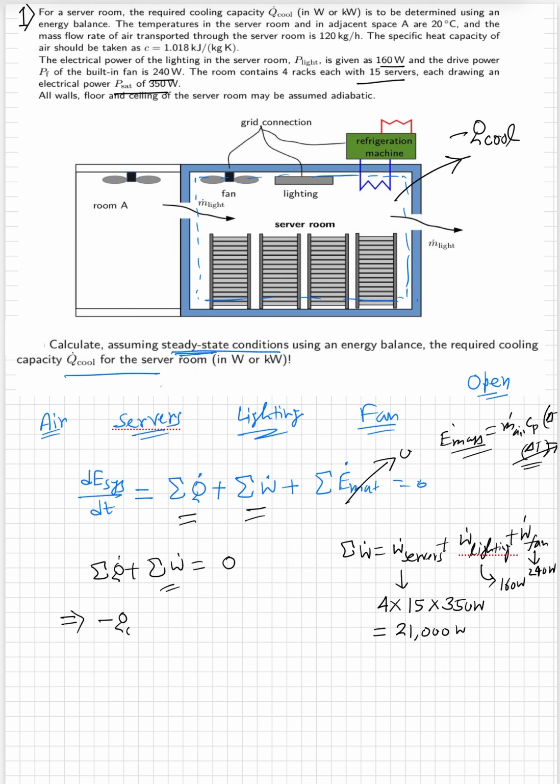So I am making it minus Q cool, and our work rate we have calculated as 21,000 watt due to the server, plus 160 watt due to the lighting, and 240 watt due to the fan. So summation of work rate will be 21,400 watt.